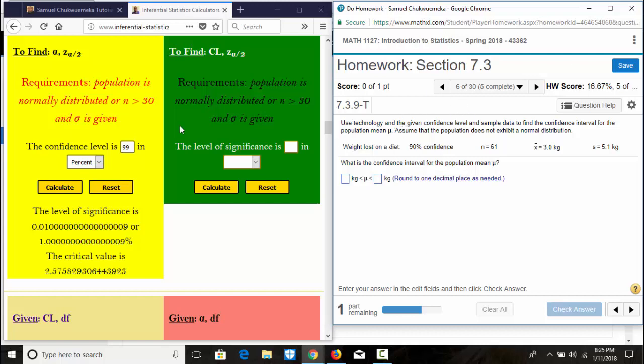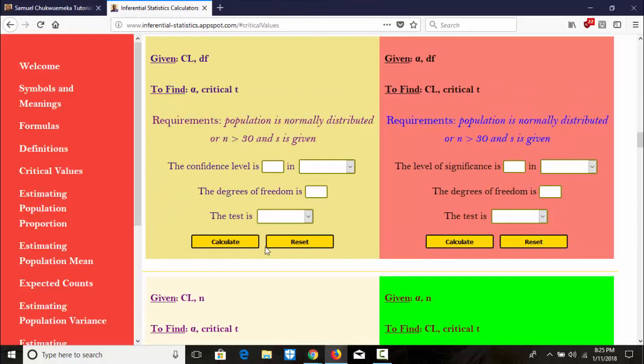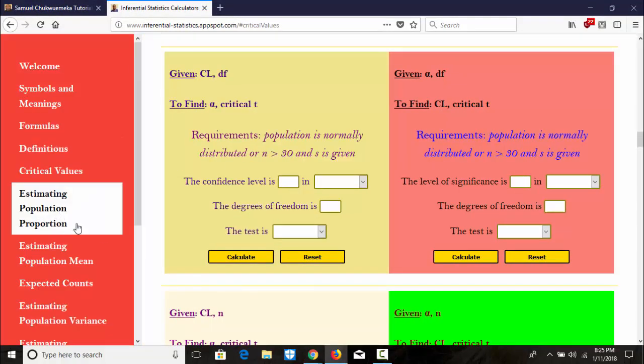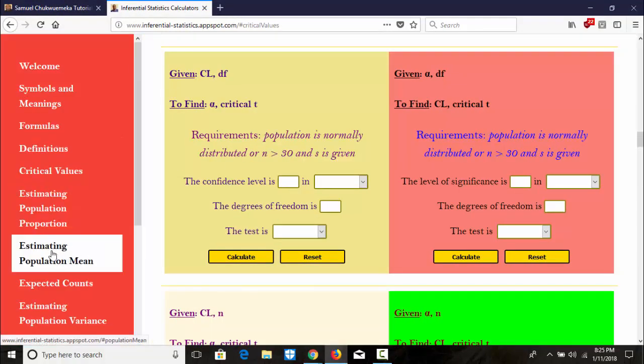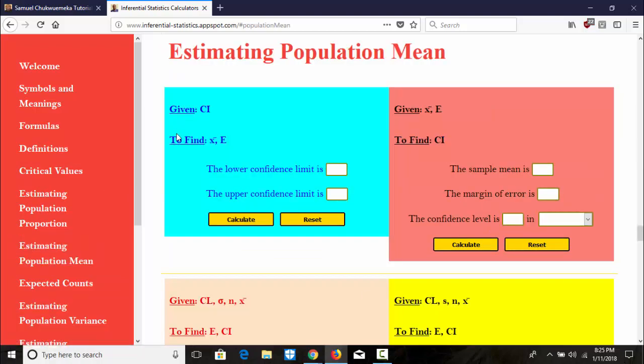So let me do this with my calculator, and then the next one we do with Statcrunch. So we need to find a confidence interval. This is what you're going to do. When you go to my calculator, you click on estimating population mean.